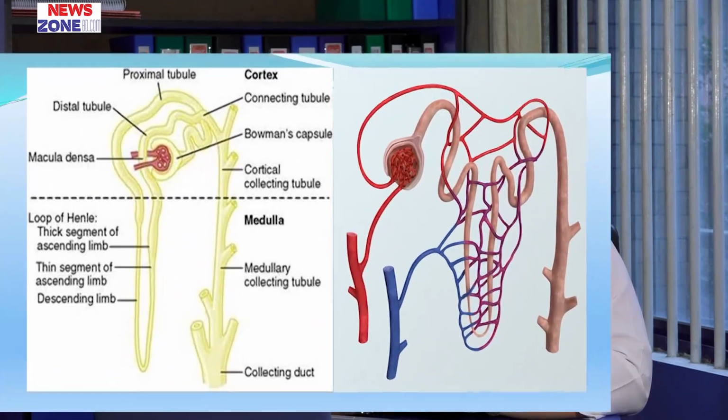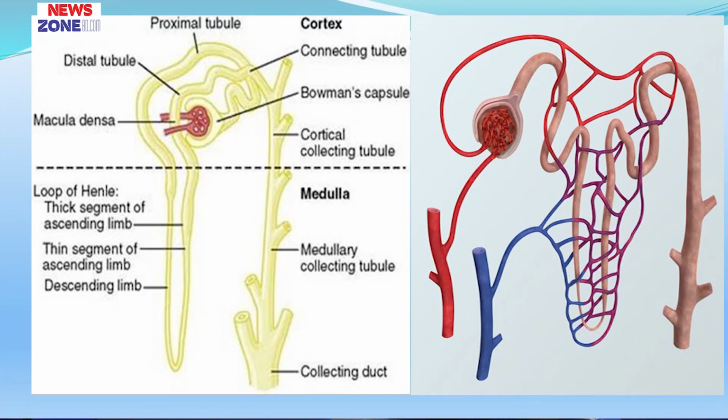Now look at this diagram where we can see the renal tubules. The renal tubules comprise the proximal convoluted tubule, then the loop of Henle. In the loop of Henle, first comes the descending limb, then the ascending limb of the loop of Henle. Then we have the distal convoluted tubule, collecting tubule and collecting duct.